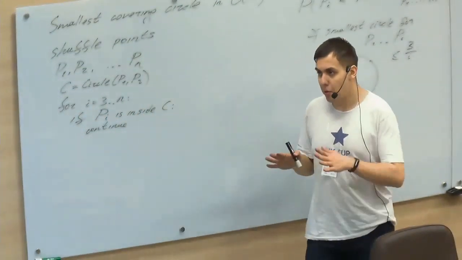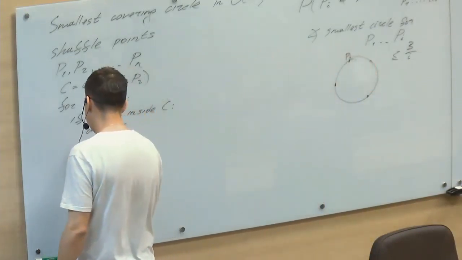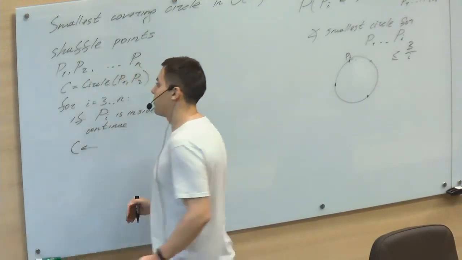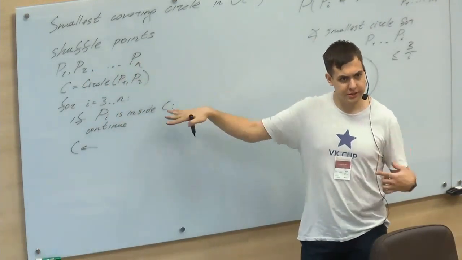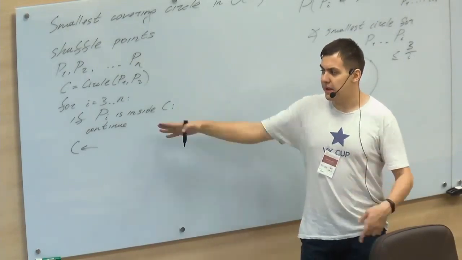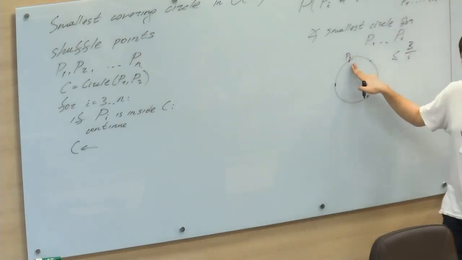So here we will do a recursive call. Let's find the circle. We'll have one more recursive function that is similar to this one, where we know that Pi must be one of the points on this circle.